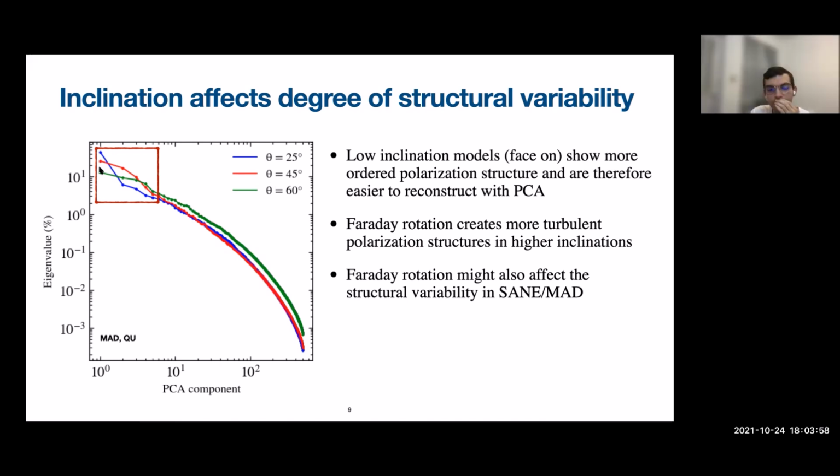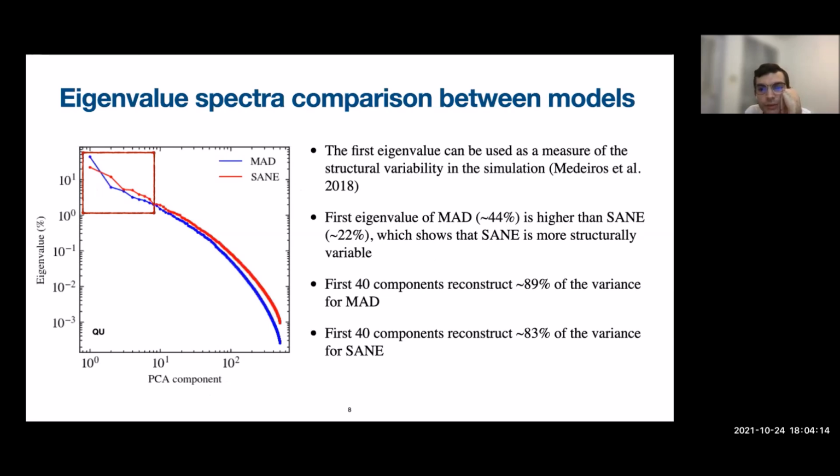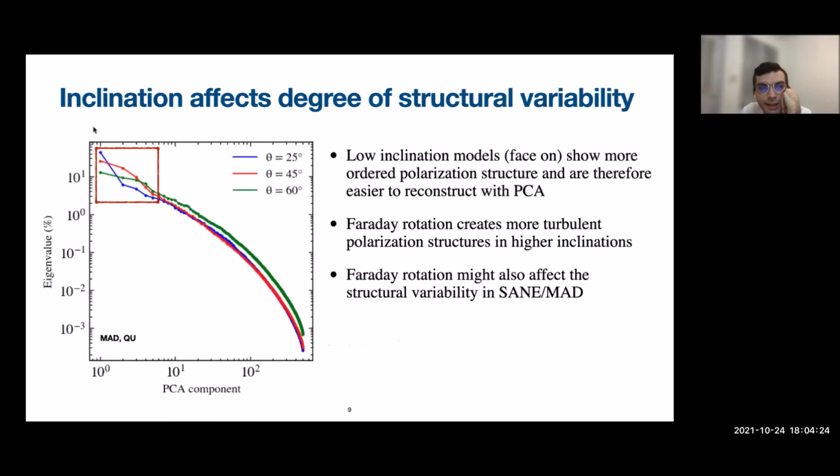Well, that's a great question. So my mentor found, and I think that this is here in this slide over here, right? So that first eigenvalue can be used as the measure of the structural variability, because if you have a first eigenvalue that is higher, it means that that analysis was able to summarize more variability of the overall simulation.